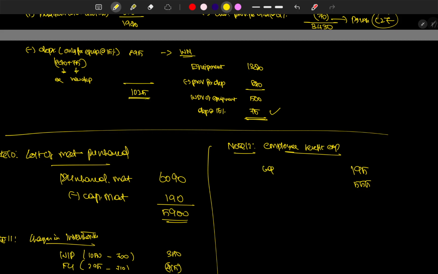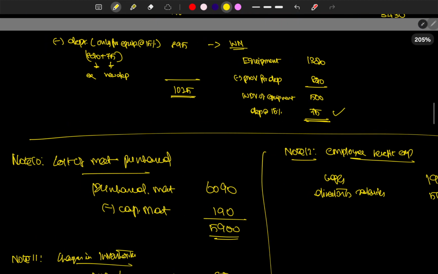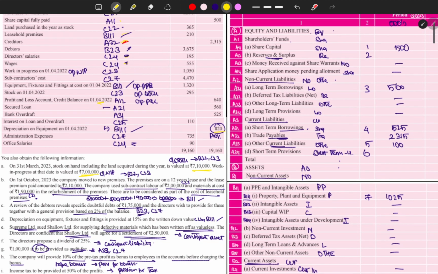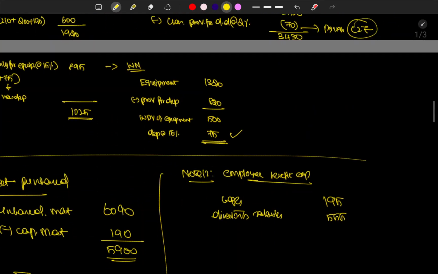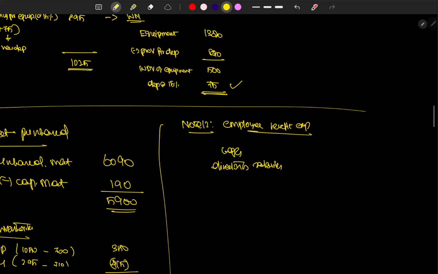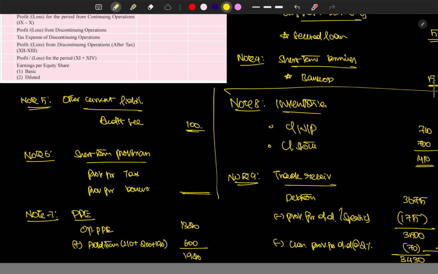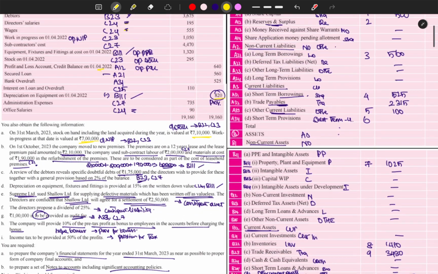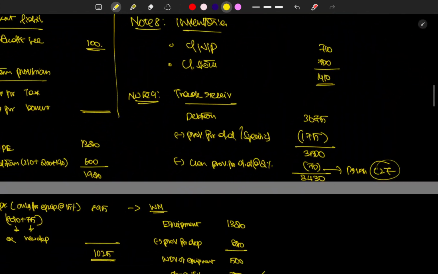Wages, director salaries. Then wages is 155. Then salaries, officer is 90.